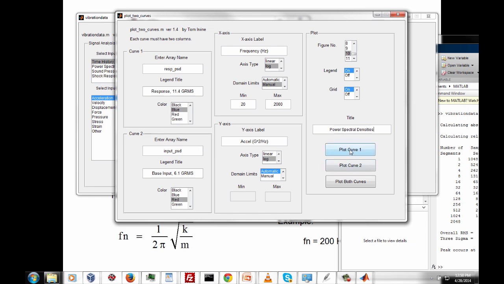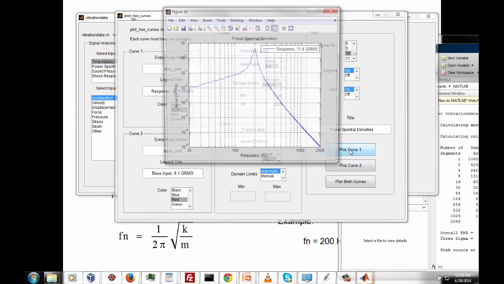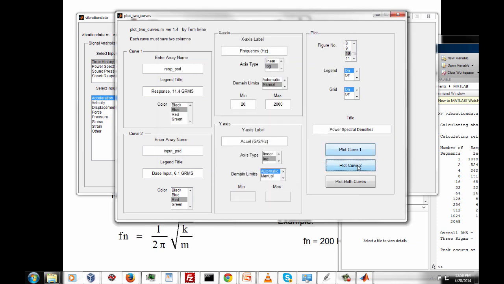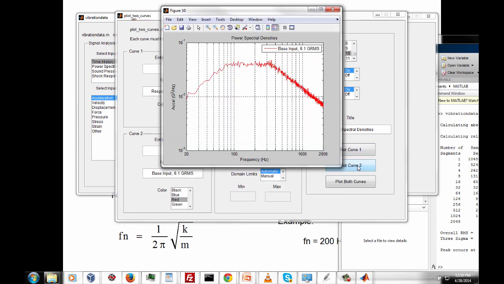And we can have a couple choices. We can plot one curve. Okay, we've seen this before. That's our response PSD. Looks like we've got a couple extra decades represented there. And we can plot curve 2. That's our base input PSD. When I say base input PSD, it is the power spectral density of our synthesized time history, which was generated to satisfy the NavMat PSD.